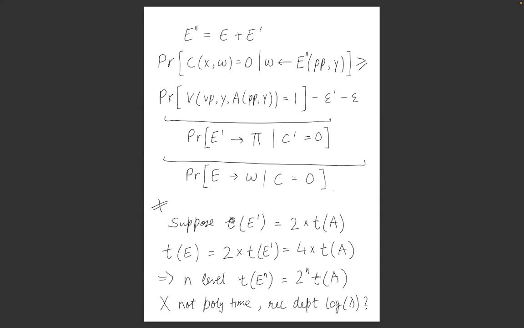If we assume that the time it takes for the outer extractor is 2 times the time it takes the malicious prover, then the time for the original extractor will be 2 times 2, so 4 times the malicious prover.